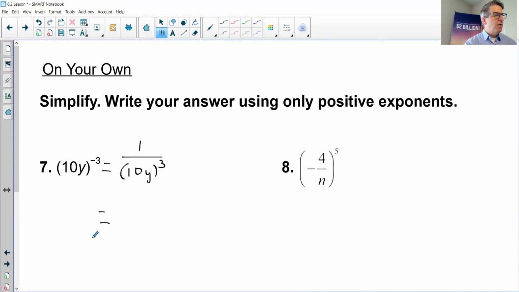Now you have a power of a product property, 10 to the third, y to the third. So you got 1 over 10 to the third, y to the third. And your answer then is 1 over 1,000 y to the third.